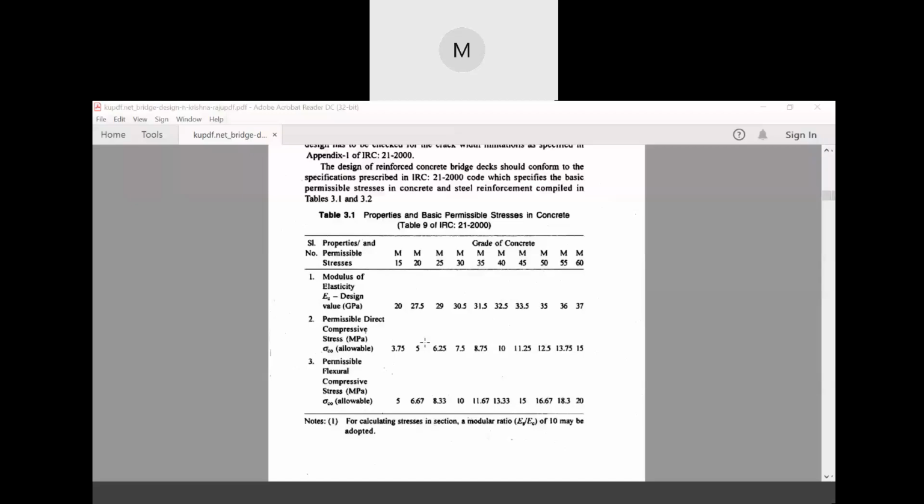Is the screen not visible? Visible, sir.